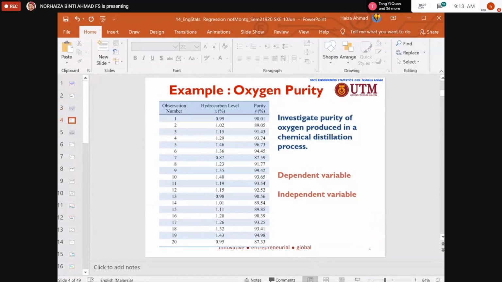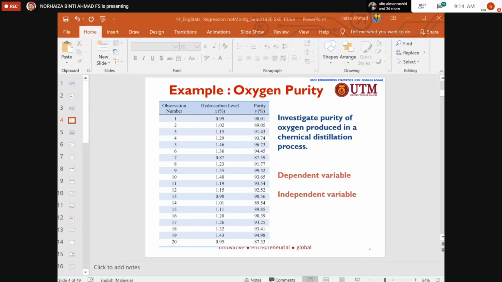Let's say you want to investigate the purity of oxygen produced in a chemical distillation process. In this case, which one is the dependent variable? Is hydrocarbon a dependent variable or an independent variable? Can you identify, class?